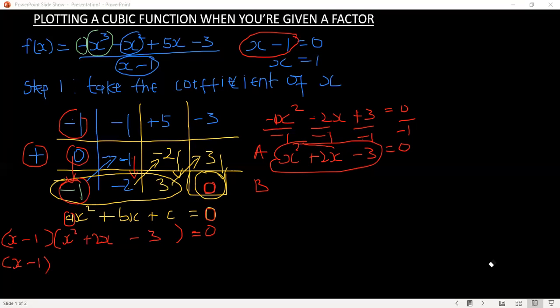We open two brackets. We're going to have x and x, 3 and 1, then positive 3 and minus 1.